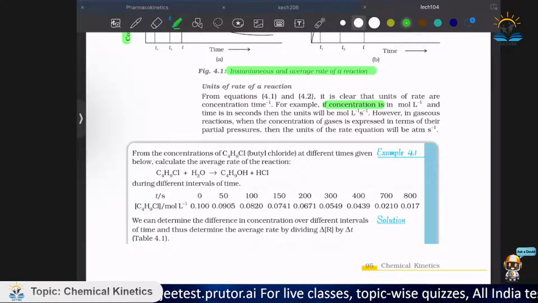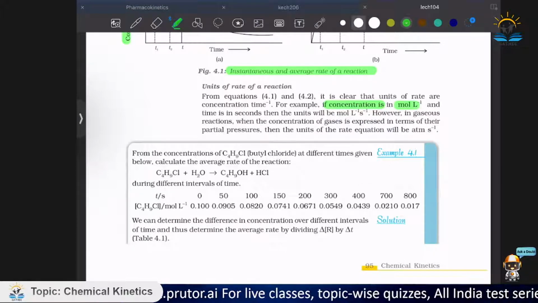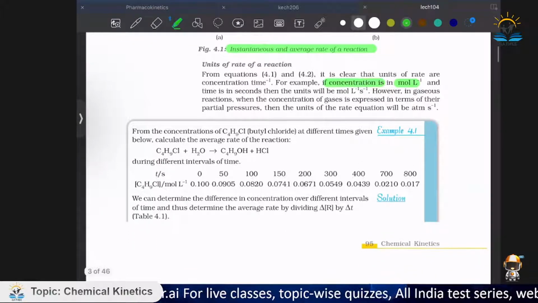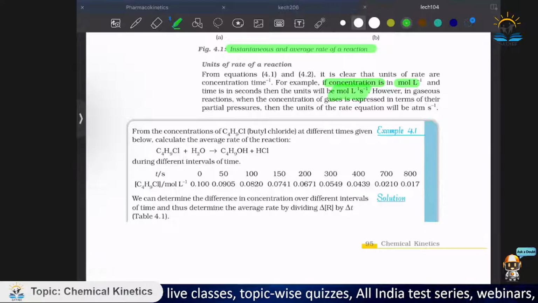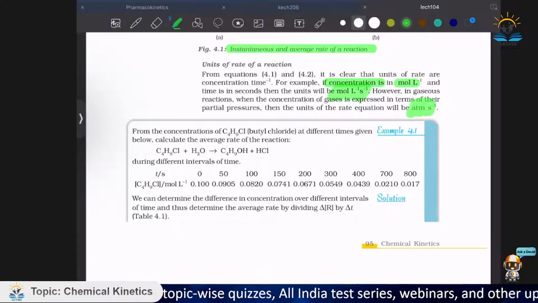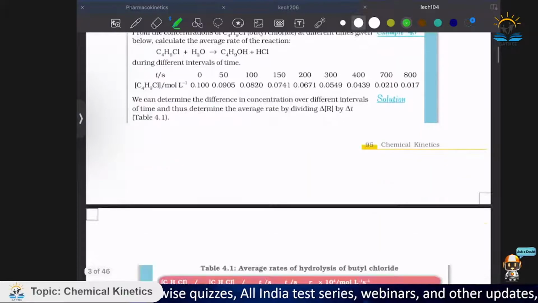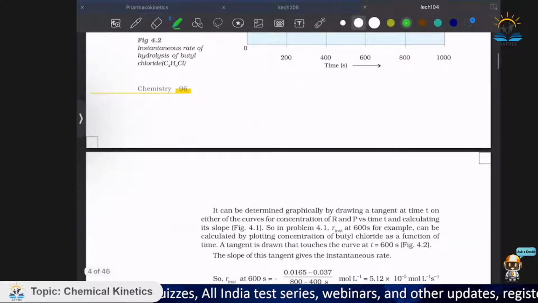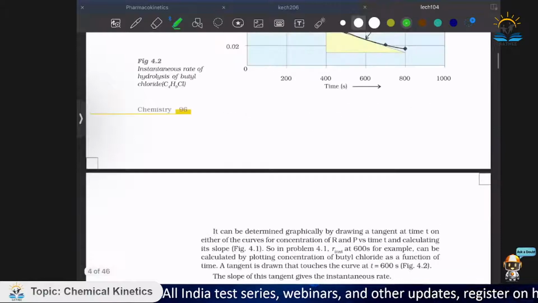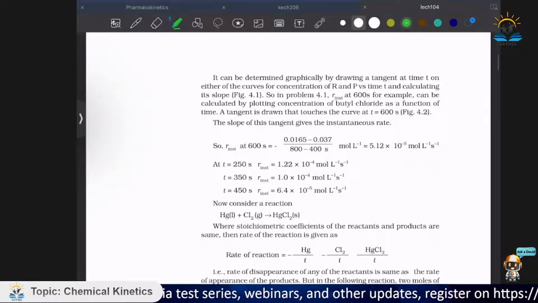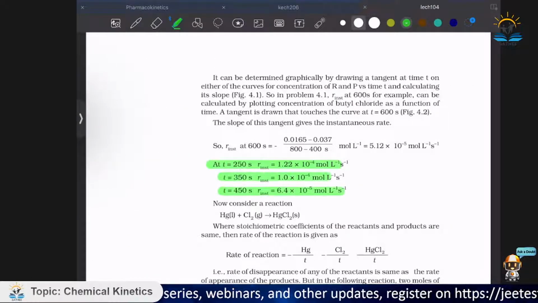Unit of concentration is mole per liter, unit of time will be second, so the unit is mole per liter per second. If the concentration is expressed as a pressure for gases, it is atm per second. No need for us to go here.